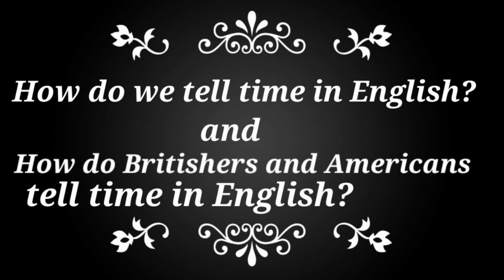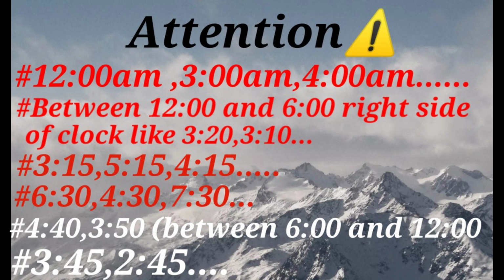Okay, so now these are the points which you can see on your screen. That's why I have written attention over here, so that you must keep these points in your mind while watching this video, because it really helps you a lot to build up these concepts. First, you are going to learn how to tell time.